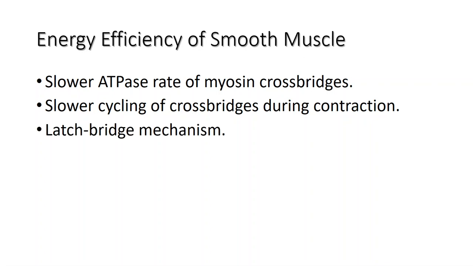Due to this slow rate of energy usage and the added advantage of the latch-bridge mechanism, smooth muscles are highly energy efficient and do not undergo fatigue during prolonged periods of activity.